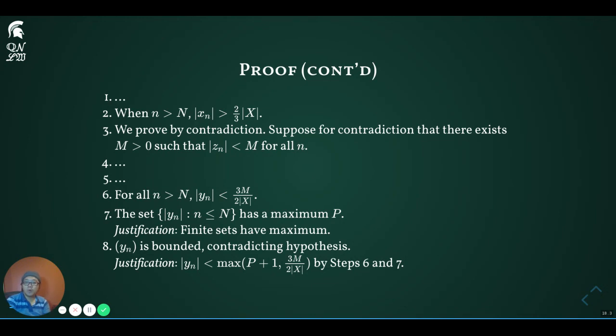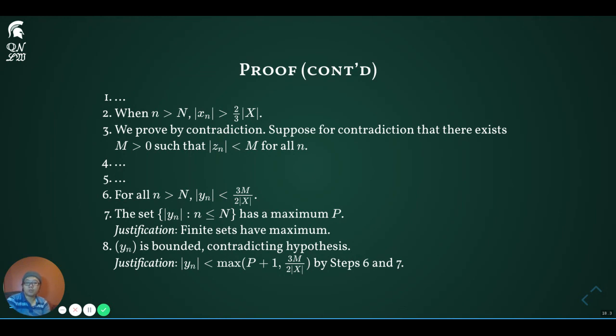To conclude the proof, we need to show that there is a bound for the remaining terms of y sub n. But there are only finitely many terms that were not accounted for. Having accounted for all indices that are greater than capital N, there are only N terms left. And as we know, any finite set of real numbers contains a maximum. So in particular, these numbers are bounded above by some number P.